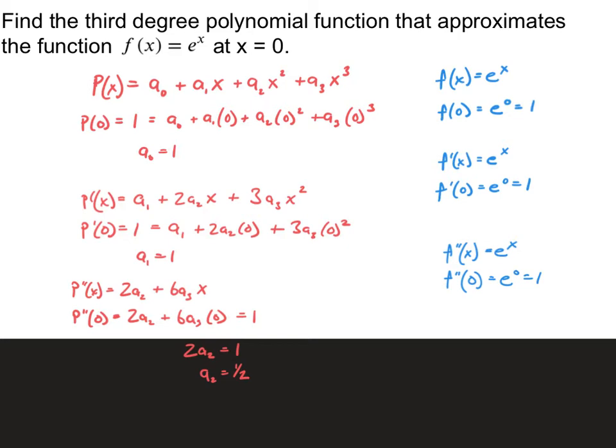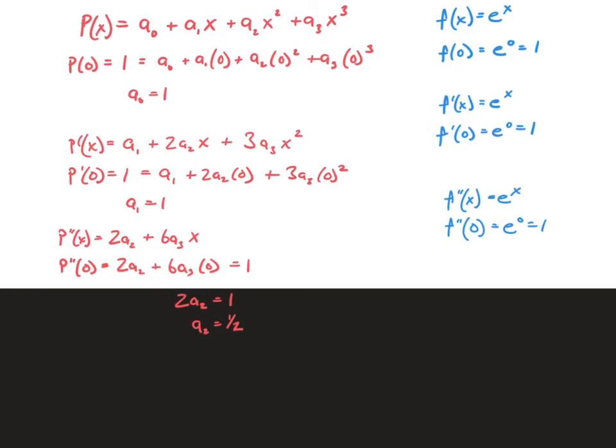Okay. So we want the third degree polynomial, so we have to keep going. We'll look at the third derivative of e to the x, which is e to the x. The third derivative evaluated at 0 is e to the 0, which is 1. Now the third derivative of p of x: the 2a sub 2 goes away, that's a constant, and I'm just left with 6a sub 3.